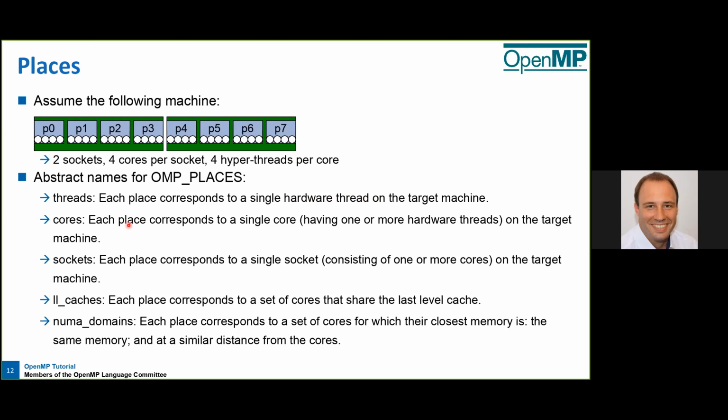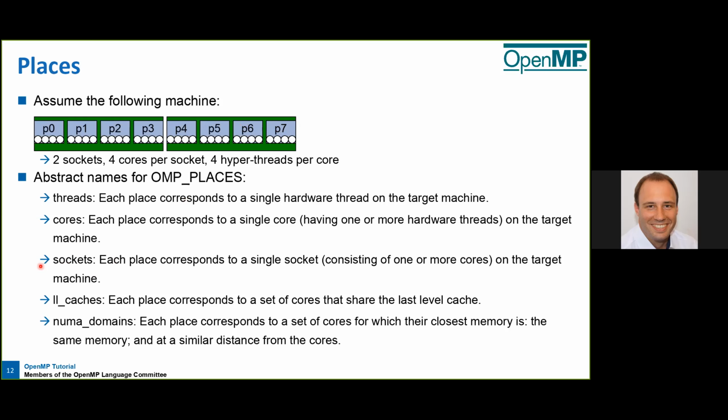Each place corresponds to a single core. In this particular system, that would be 8 places. And when a thread is bound to a place, it can roam freely within this place, but not go somewhere else. So that means a thread that would have been bound to the place number 6 here could be executed by one of the 4 hyperthreads. And in many cases, this is a good choice for HPC applications.